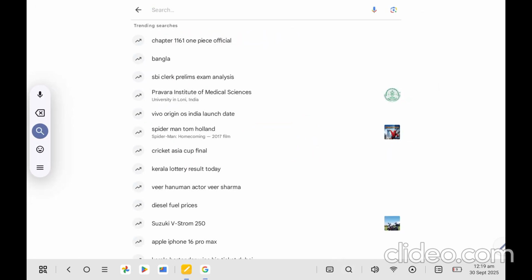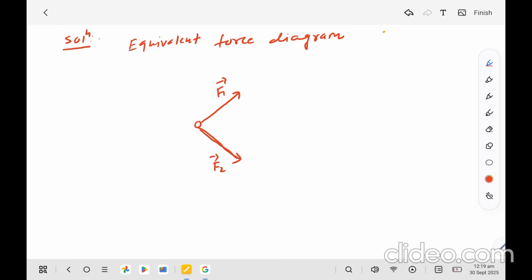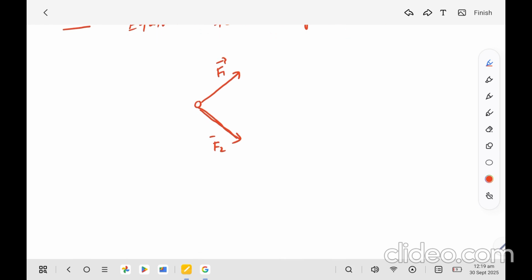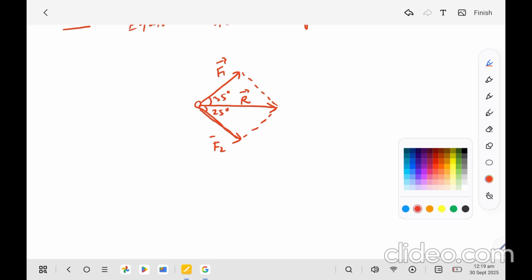Okay, so this is nothing but a parallelogram. So this is resultant R, this is 35 degree, this is 25 degree, and total angle is 60 degree.